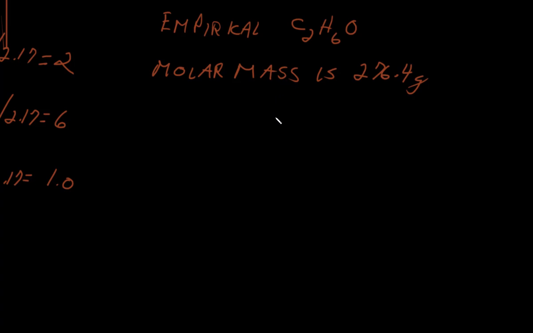So what we want to do from here, we've got the molar mass. Let's go ahead and find the empirical mass. So for the empirical mass, we know we've got 2 carbon. So we know carbon is 12.01, plus we have 6 hydrogens, and we know hydrogen is 1.01, and we have 1 oxygen at 16.